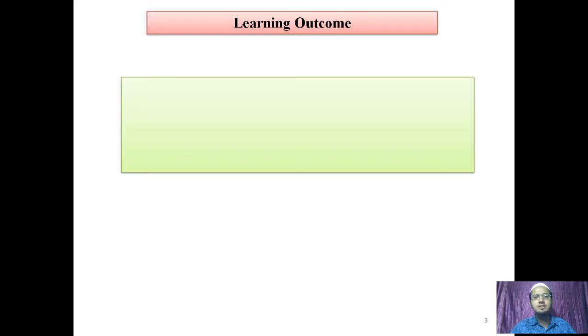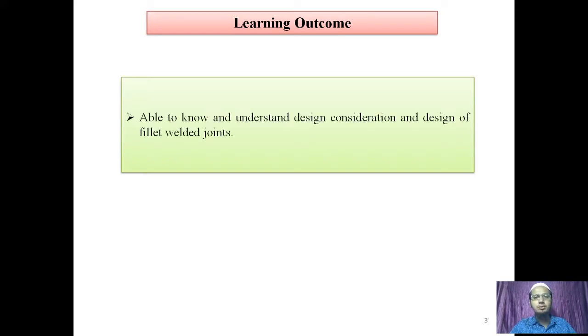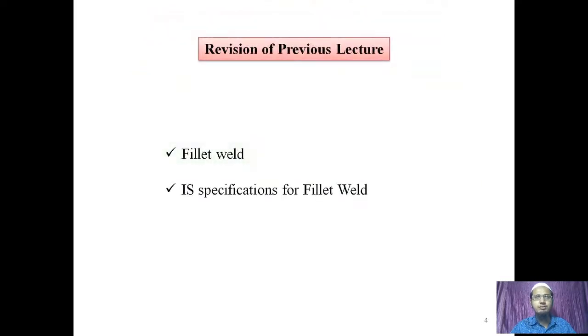After completion of this session, we will be able to know and understand design considerations as well as design of fillet welded joints. So first of all, let's have a revision of the points which we covered in the previous session.